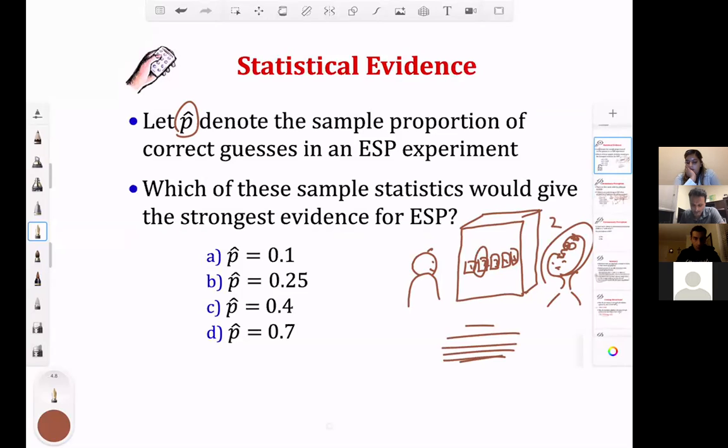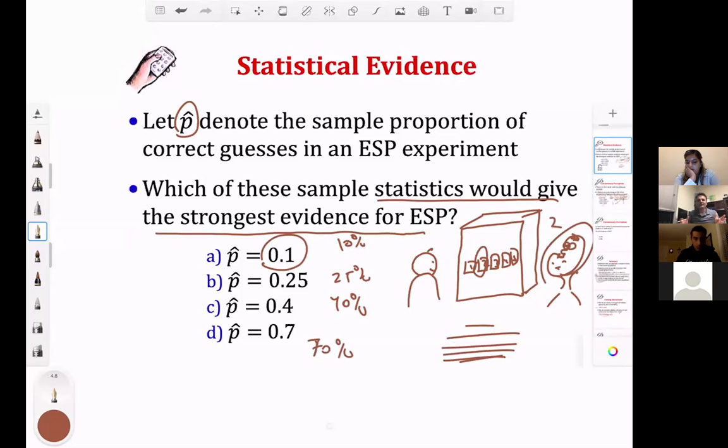Good. Which of these sample statistics would give you the strongest evidence of ESP? Is that 1.1, 10%, 25%, 40%, or 70%?